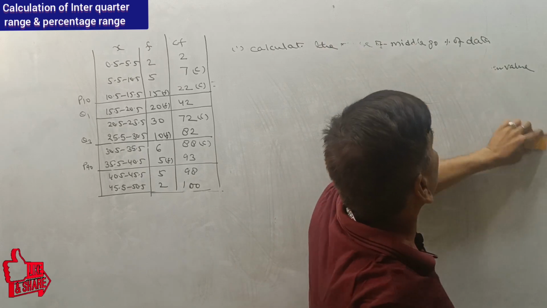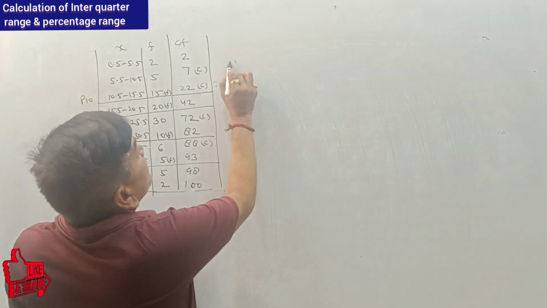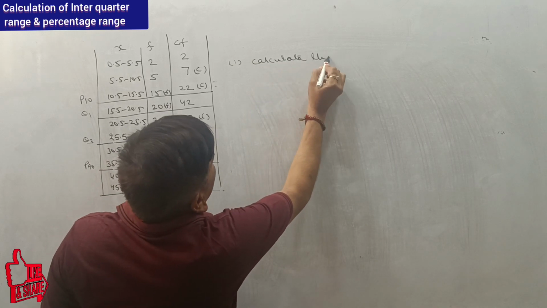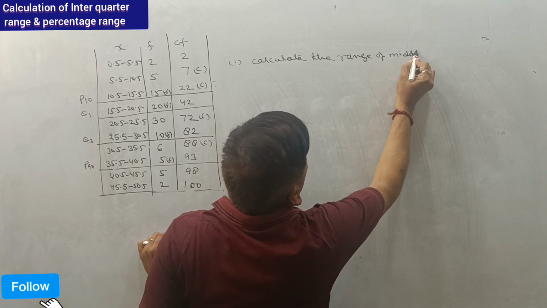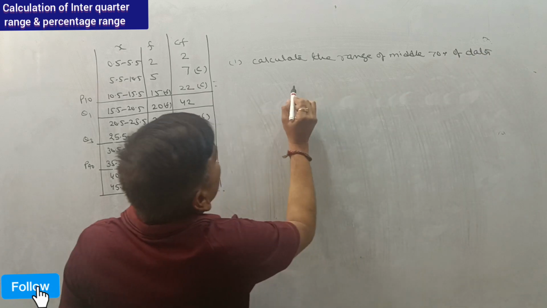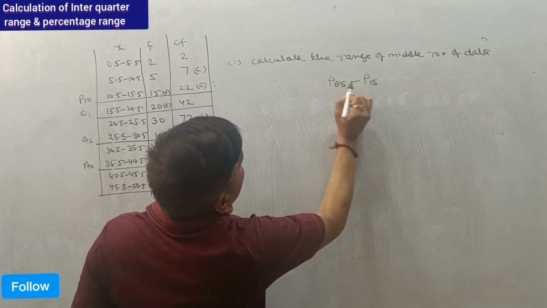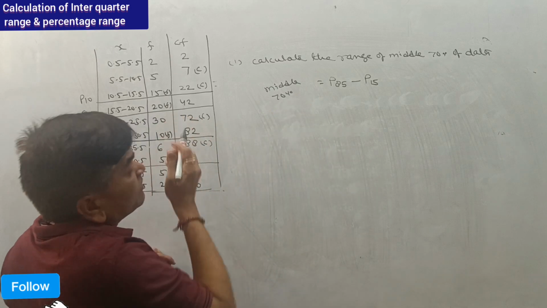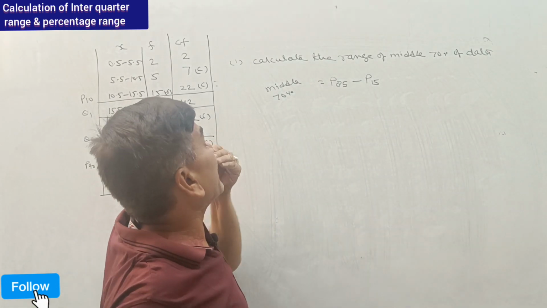Suppose the question says calculate the range of the middle 70% of data. So P85 minus P15, middle 70%, because 85 minus 15 is 70%.